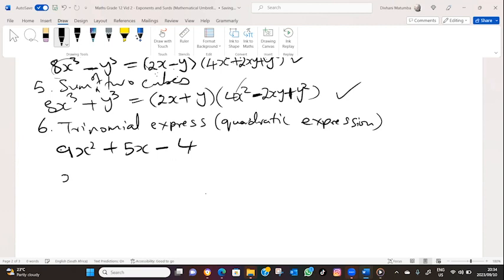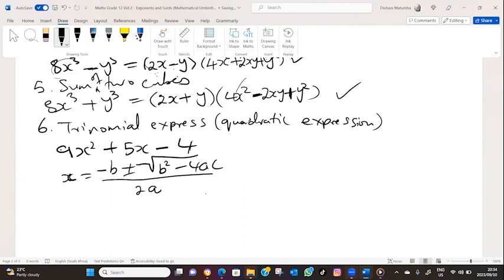So normally, the x roots are given by minus b plus or minus the square root of b squared minus 4ac over 2a. This is the value of a, this is the value of b, this is the value of c.